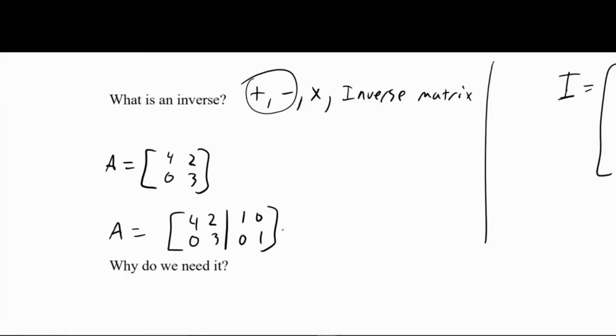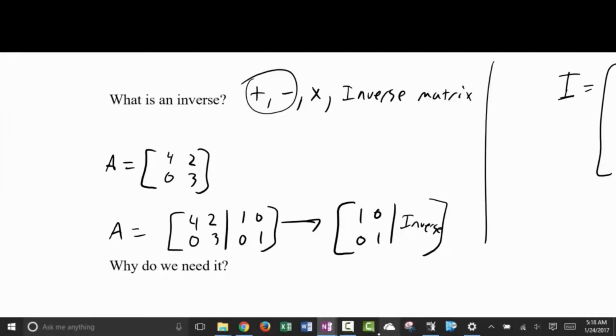But you're going to go back and just do row operators until you have an identity matrix on the left-hand side, or it kind of looks a little bit like reduced echelon form. And then what you're left with over here will be your inverse.